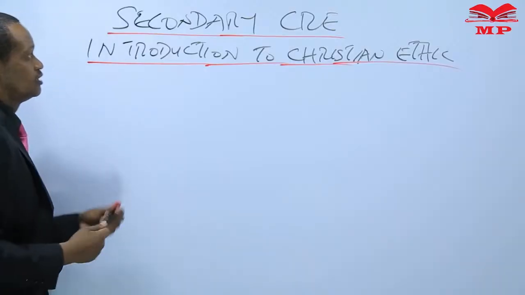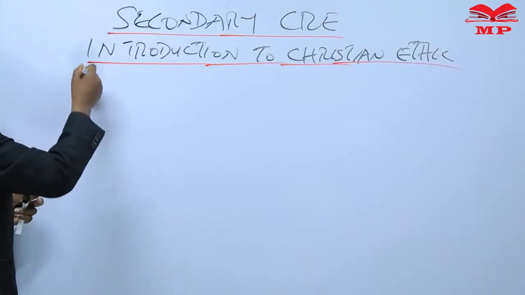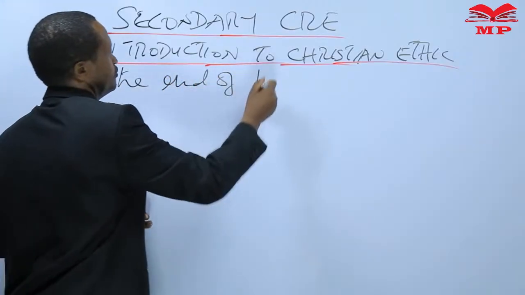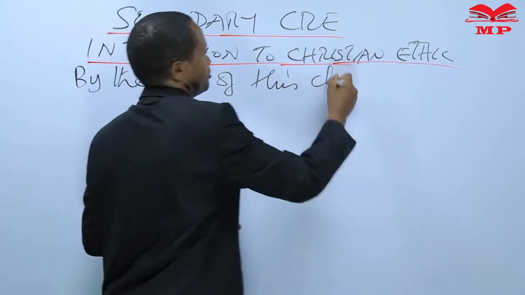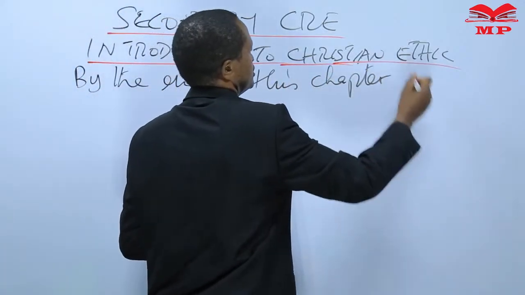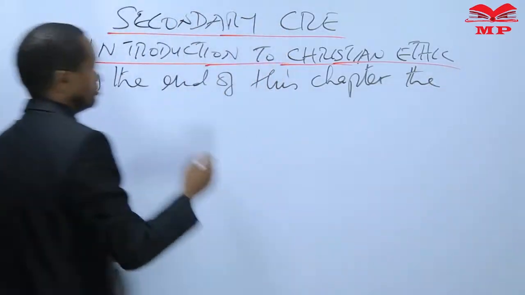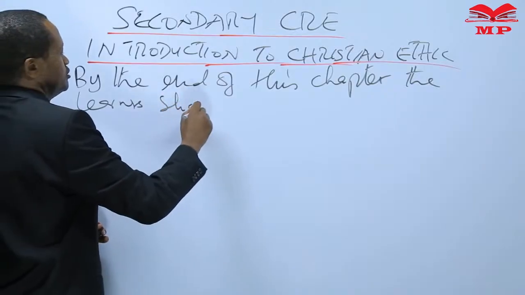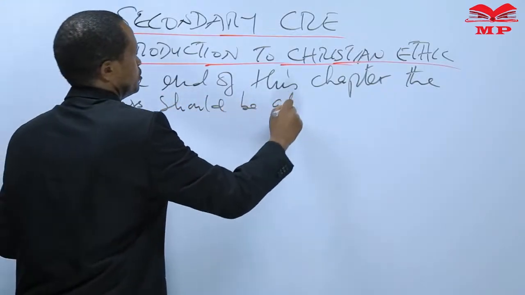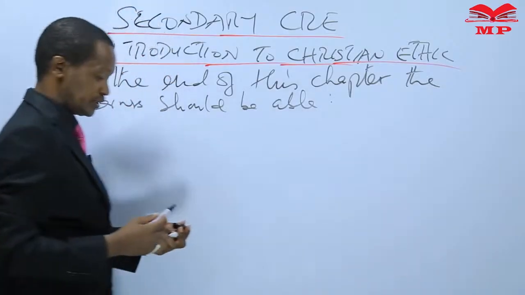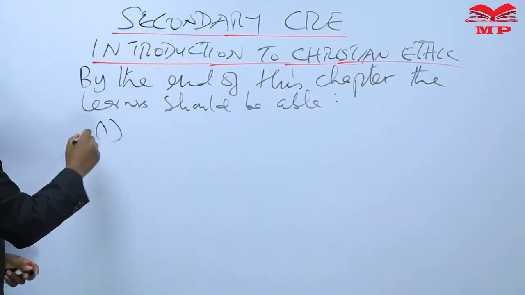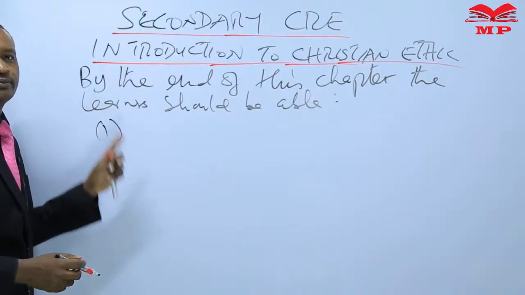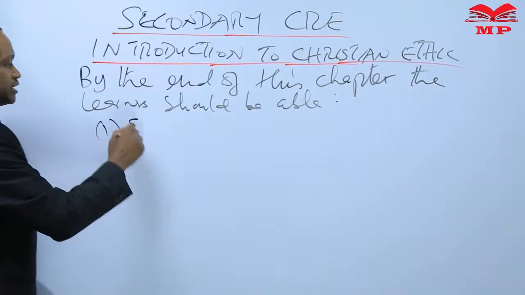Learners, by the end of this chapter, the learner should be able to do the following. Number one, the first objective is that by the end of this chapter, you should be able to explain the meaning of Christian ethics.